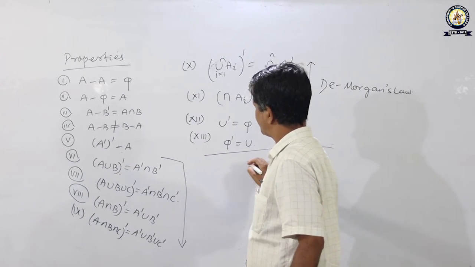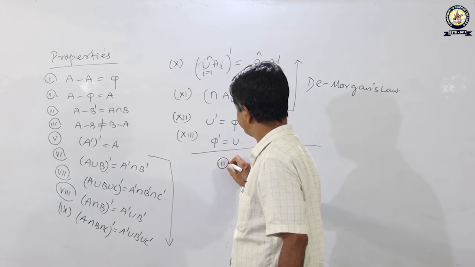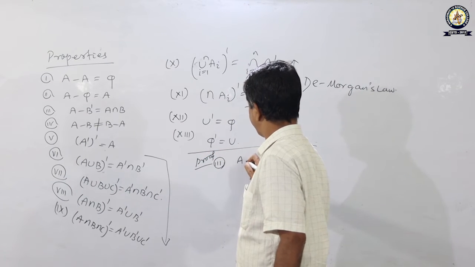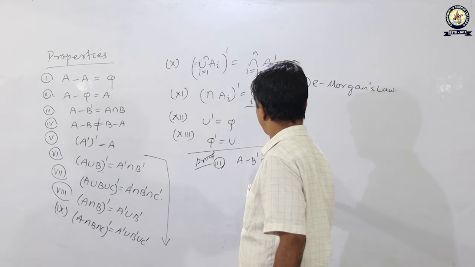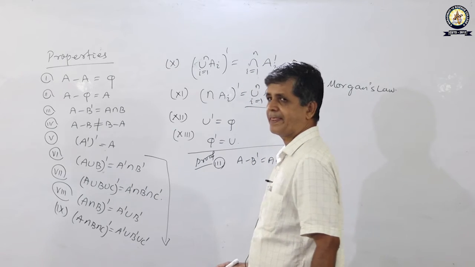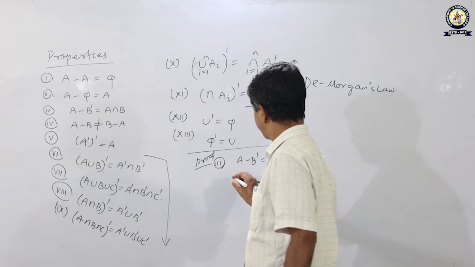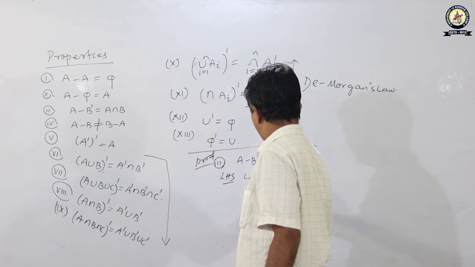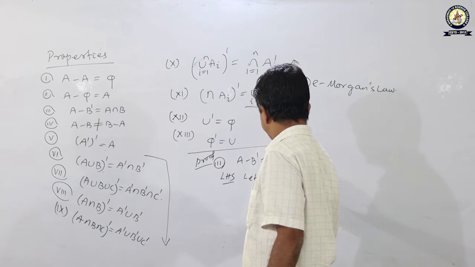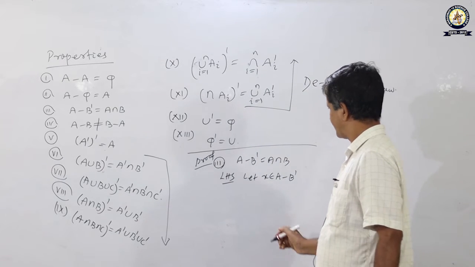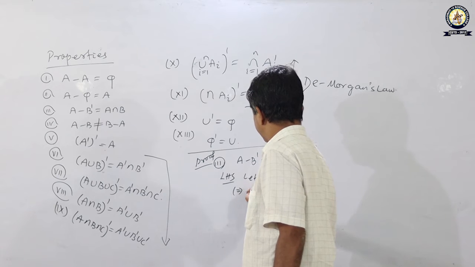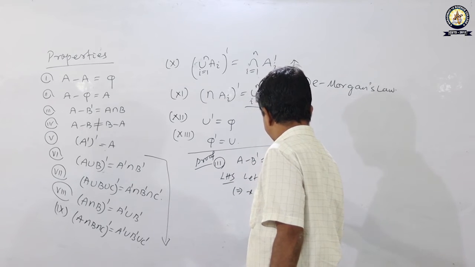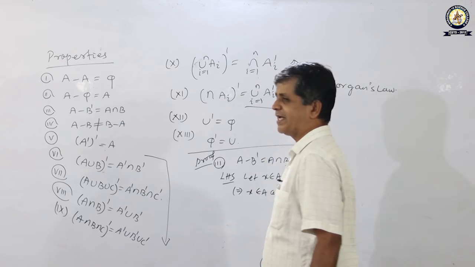Come to the proof of the third bit: A difference B dash is equal to A intersection B. Let us start from the left. LHS: let x belongs to A difference B dash. This implies and is implied by x belongs to A and x does not belong to B dash.